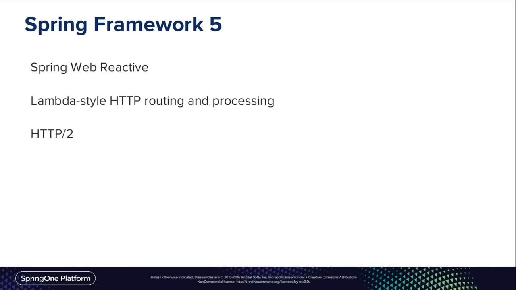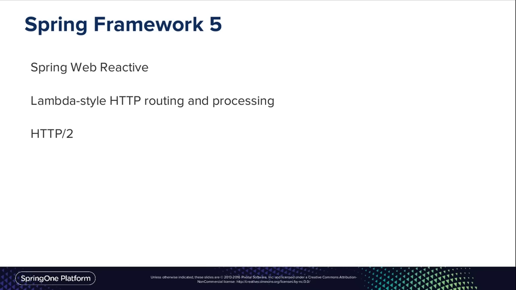Another interesting addition to Spring Framework 5 that's in the works, it's not in milestone 1 yet, but it should be in one of the subsequent milestones. Since Spring Framework 5 is actually Java 8+, it really makes sense to experiment with a more functional style programming model for web applications. We have Lambda expressions.